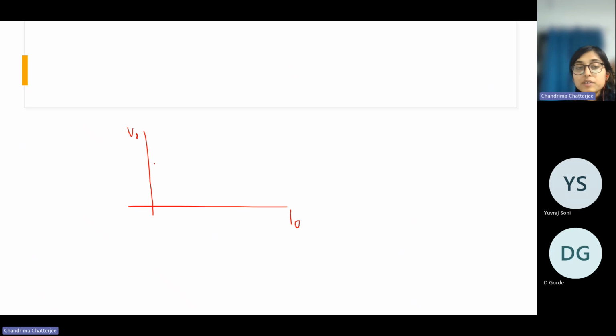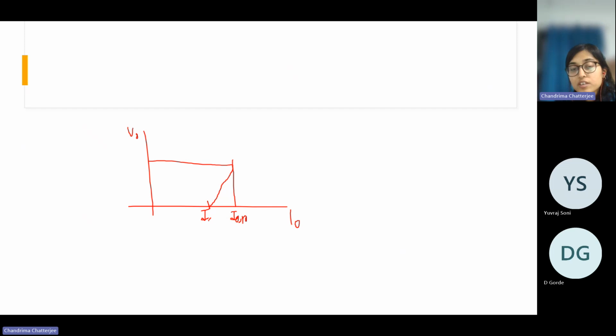Like previously we saw that your V naught was constant, and at this point, suppose this is your I naught rated. And if the short circuit happens at this point, then the current will decrease from this value, and suppose this is your short circuit current.